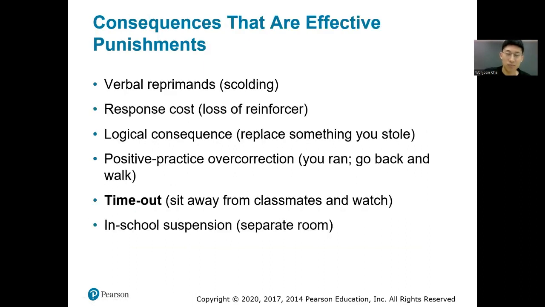There has been, surprisingly, a lot of research about punishment, and these consequences are usually found to be effective: verbal reprimands such as scolding, response cost, like loss of a reinforcer, and logical consequences, like you should replace something that you stole, or positive practice overcorrection.